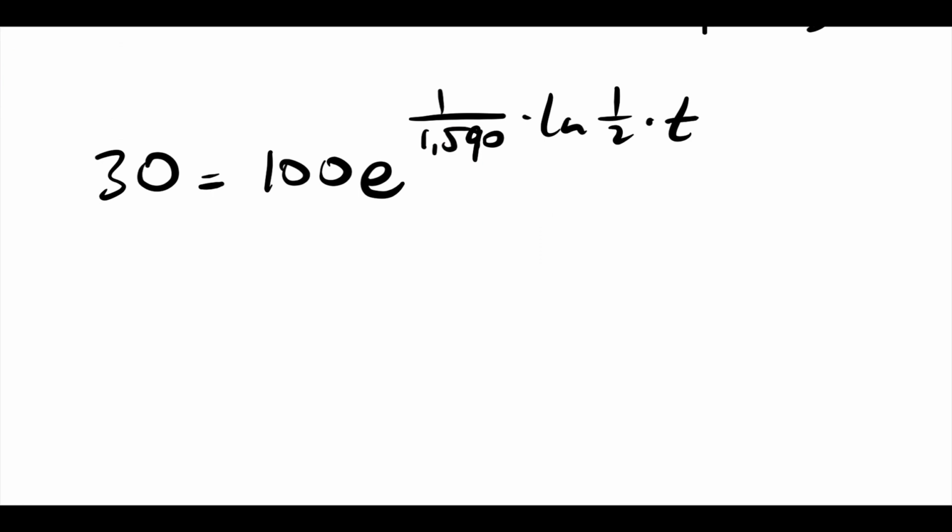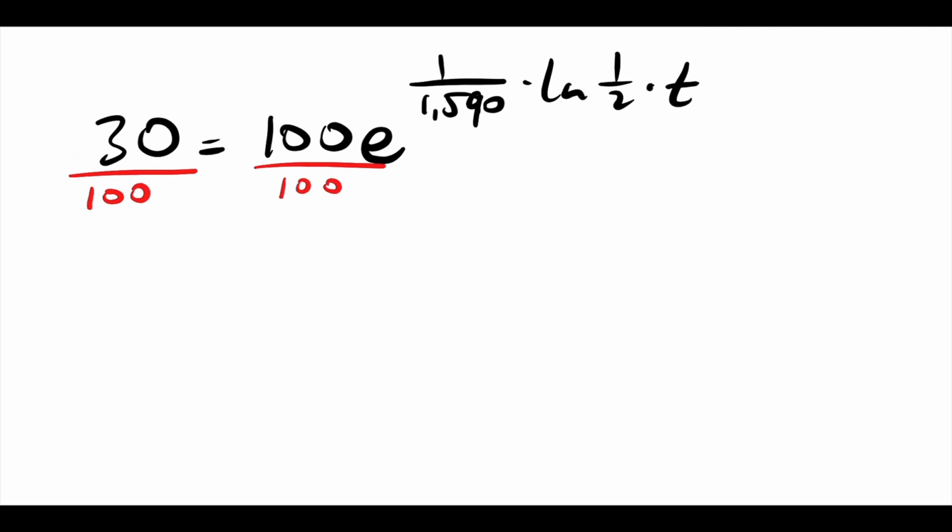Again, not a calculus question. Divide by 100, good. Start with that. Divide by 100. Three-tenths. So I'm not going to change it to a decimal. I'm just going to leave it as 3/10.